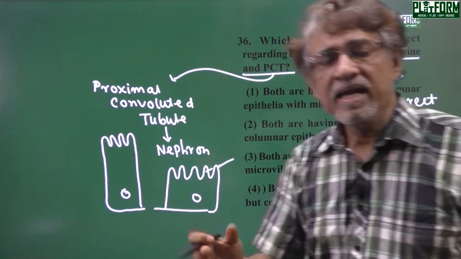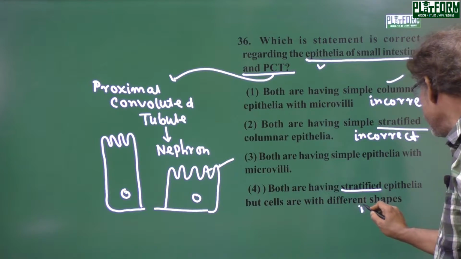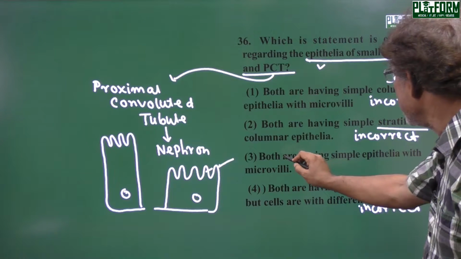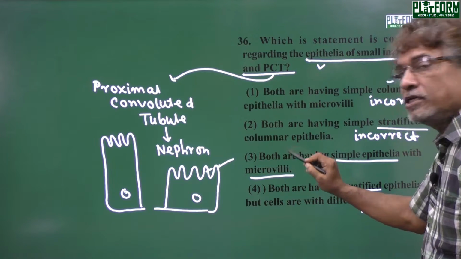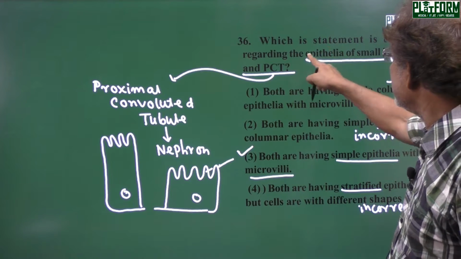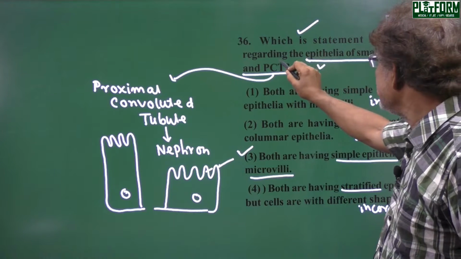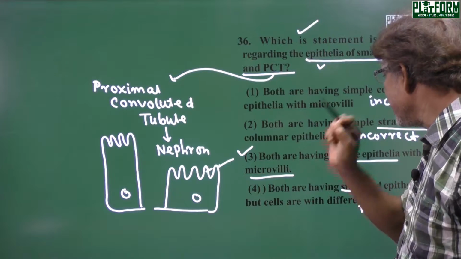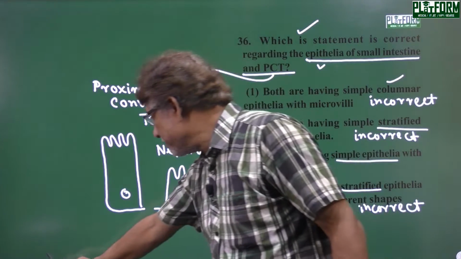As I said earlier, stratified means multi-layered, so it is also incorrect. And last option, both are having simple epithelia with microvilli. So this option 3 is correct with respect to this question, which is the correct statement regarding the epithelia of small intestine and PCT. Your correct answer is both are having simple epithelia with microvilli.